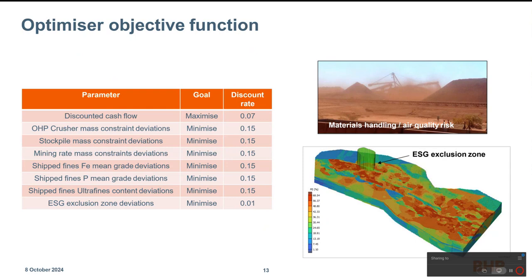So for those reasons, we're trying to minimise the quantity of the ultra-fines material. And there's also an exclusion zone relating to a protected area that we don't want any mining to occur in.